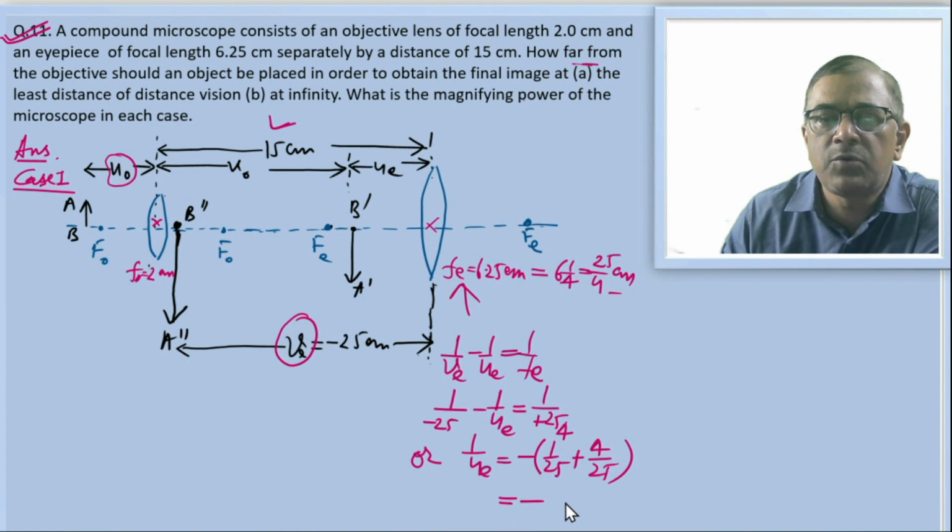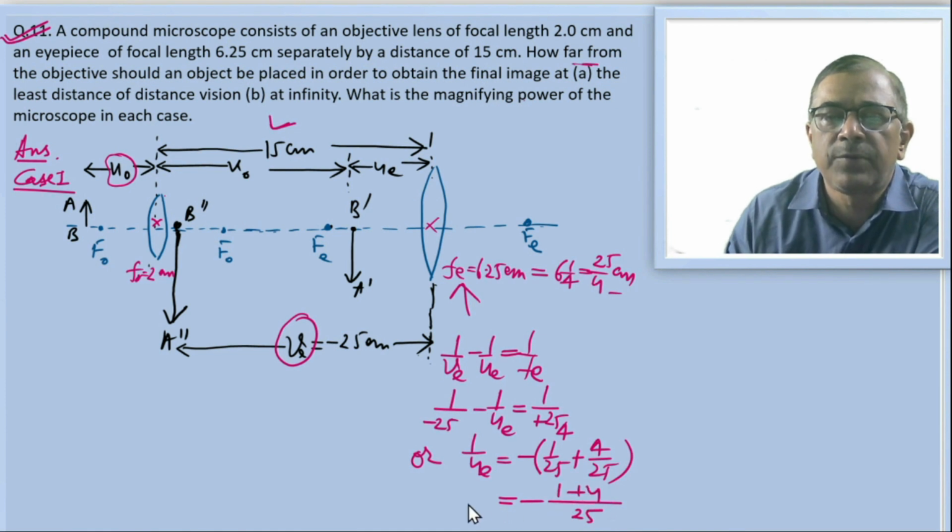You take 25 as LCM, and let's see what you get, this is 1 plus 4. 1 by UE equals minus 5 by 25, and this implies that UE is equal to how much?